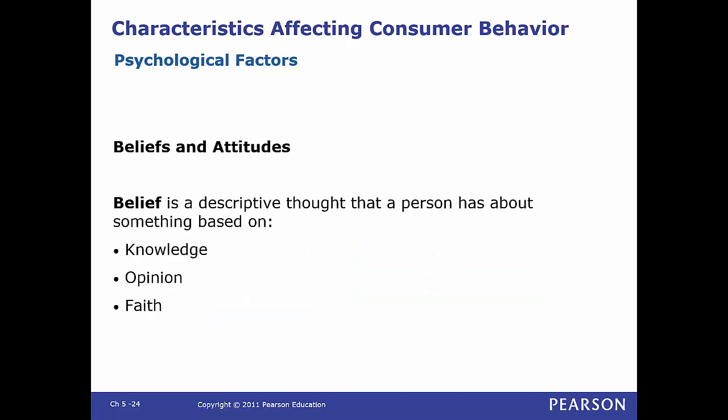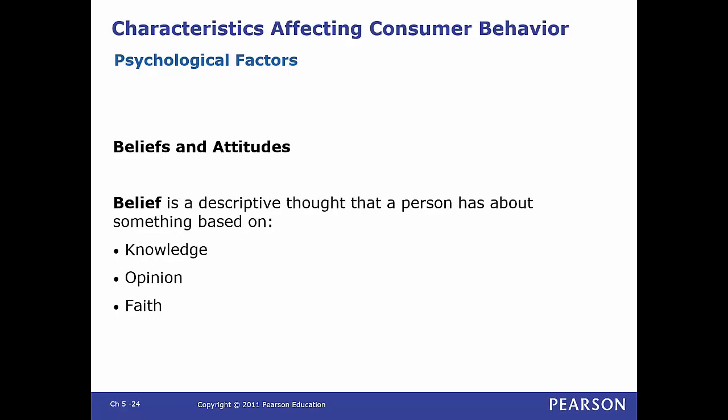Beliefs and attitudes are also very important psychological factors affecting consumer buying behavior. Belief can be defined as the descriptive knowledge or descriptive thoughts about an object that we have in our mind, and beliefs relate to knowledge, opinion, and faith.